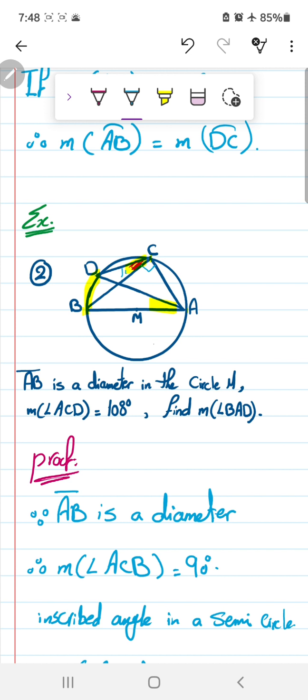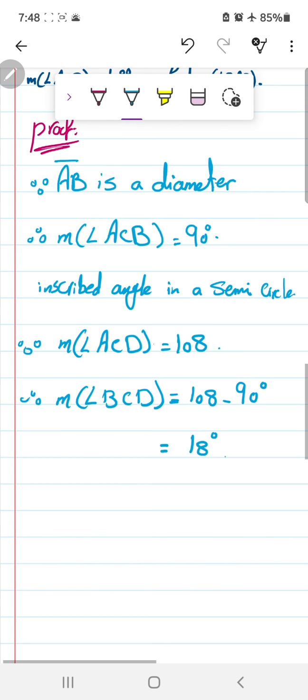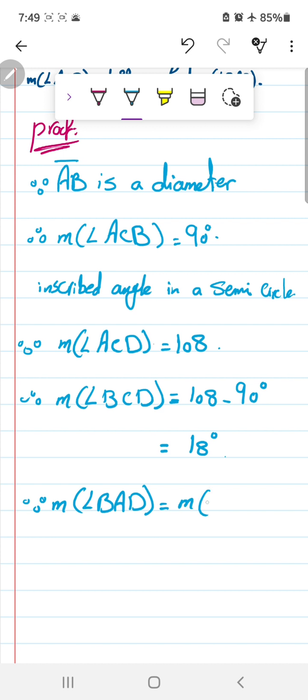We get this measure is 18 degrees, so of course the measure of angle BAD is also 18 degrees. So since the measure of angle BAD equals the measure of angle BCD, you notice that BD is the same arc.